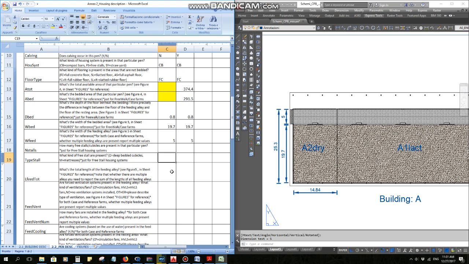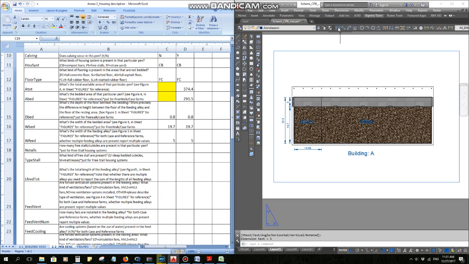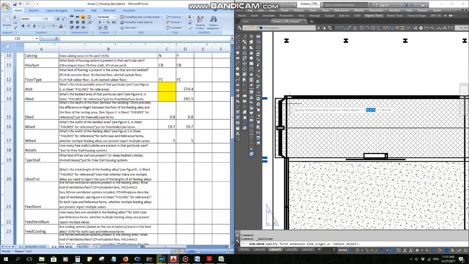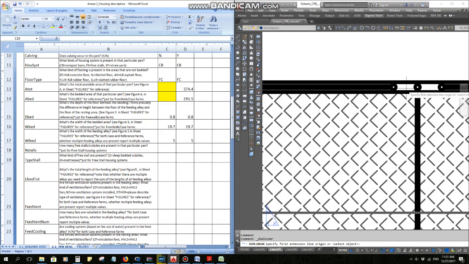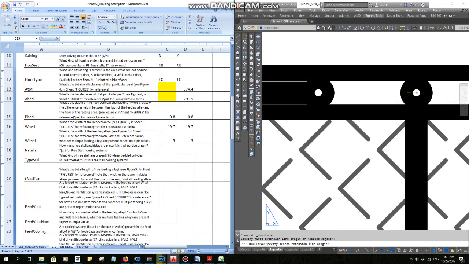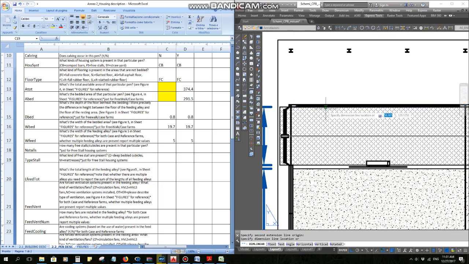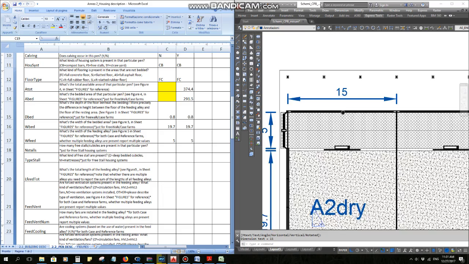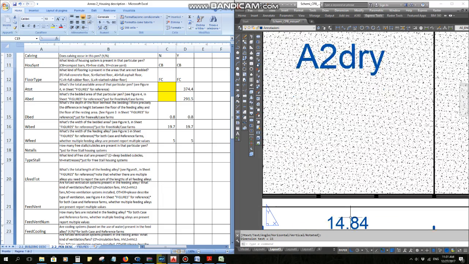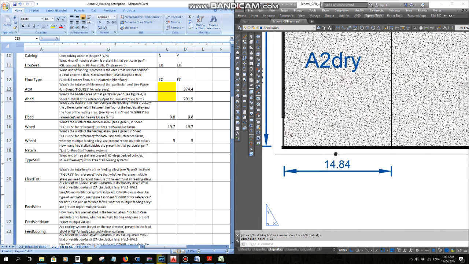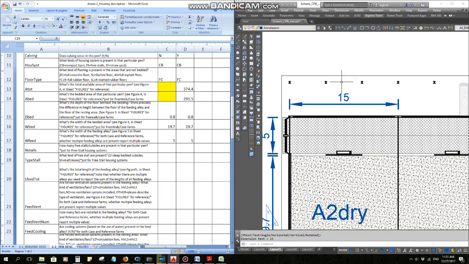Sorry. What's the total length of the feeding alley? Well, that's another important piece of information, so let's take a measure for that. So pen 2, what's the total length? Let's take this measure here, and that's going to be 15 meters, right? It's going to be the same as this measure, about the same.